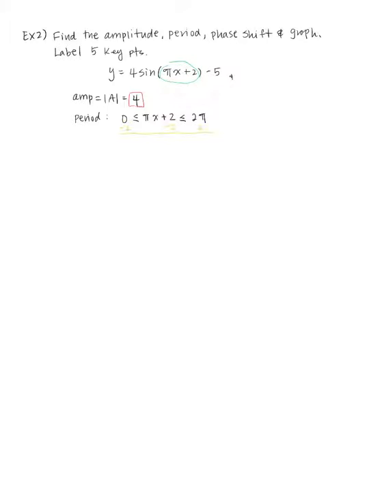It's going to look ugly, I'm just warning you, as you will see in a minute. And divided by pi. You see how ugly that is going to be? Okay, so here our interval is going to be negative 2 over pi, less than or equal to x, less than or equal to 2 pi minus 2 over pi, which is the same thing as 2 pi over pi minus 2 over pi.